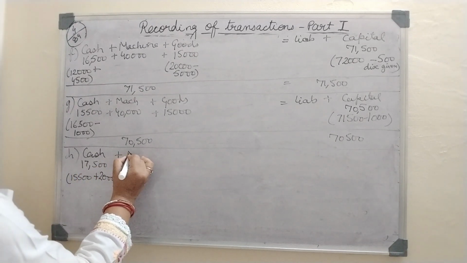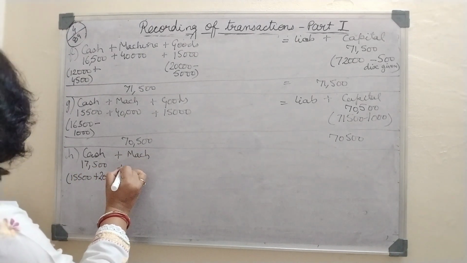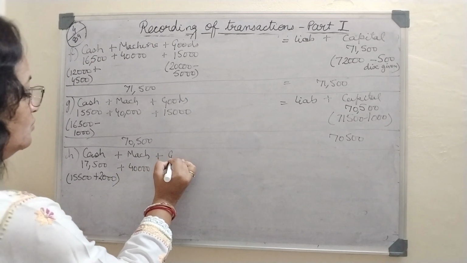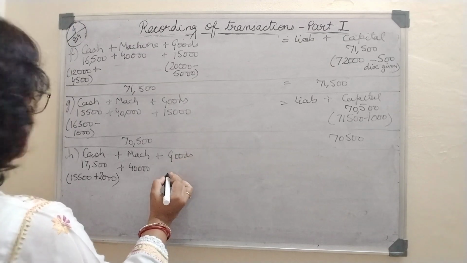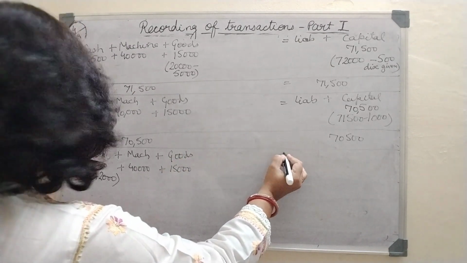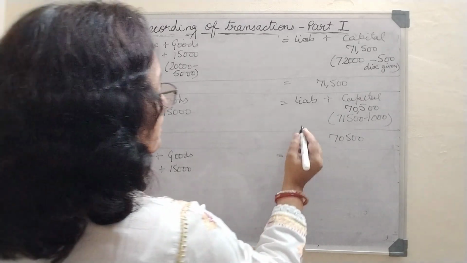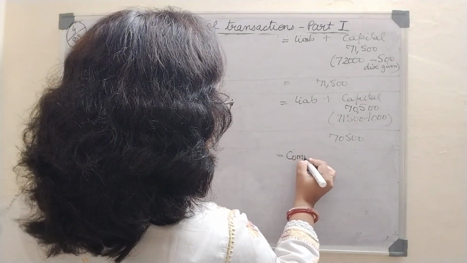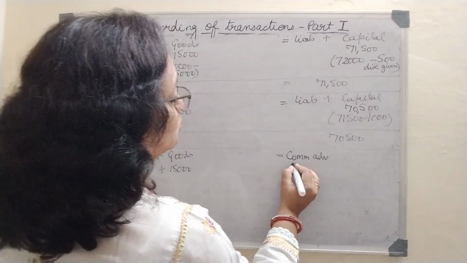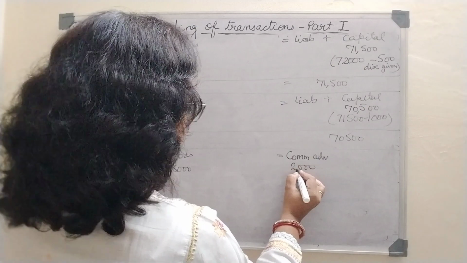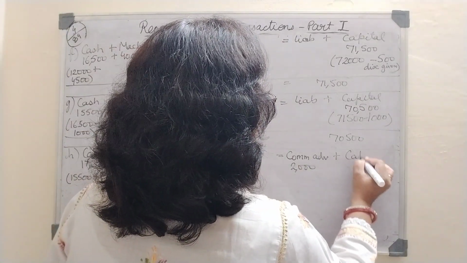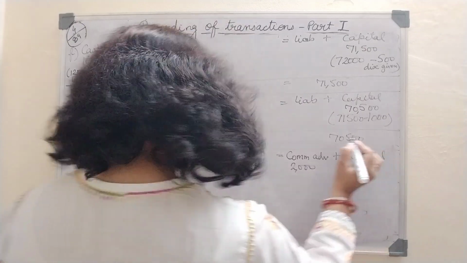So when we add 2000 to it, it becomes 17500, plus machinery remains the same, 40,000. Goods remain 15,000, is equal to, under the liability head, commission in advance we can write 2000, right, and capital remains the same.